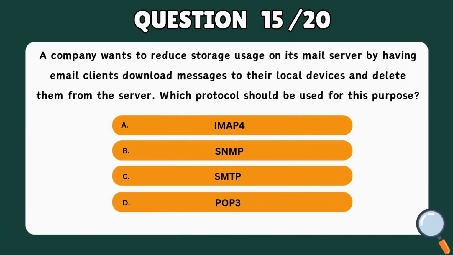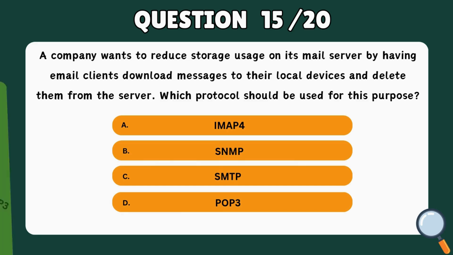Question 15. A company wants to reduce storage usage on its mail server by having email clients download messages to their local devices and delete them from the server. Which protocol should be used for this purpose? A. IMAP4, B. SNMP, C. SMTP, D. POP3.